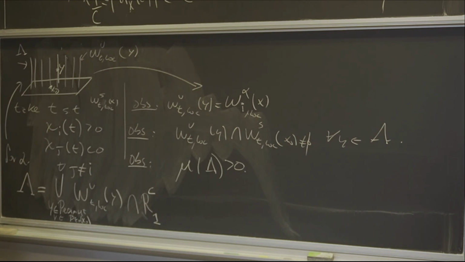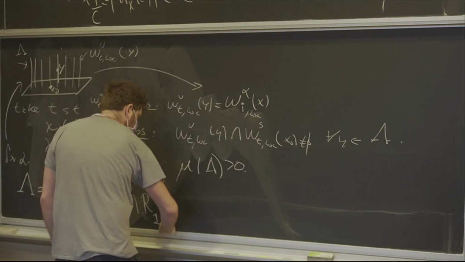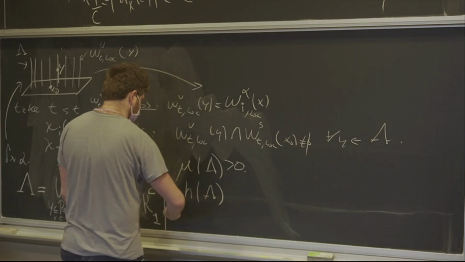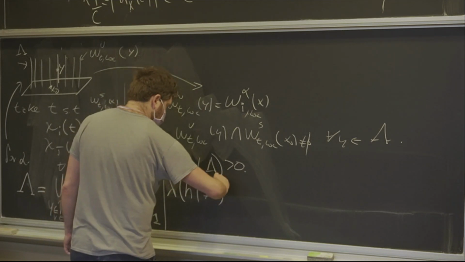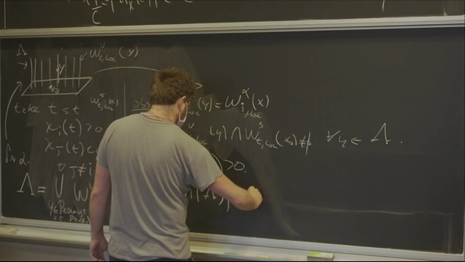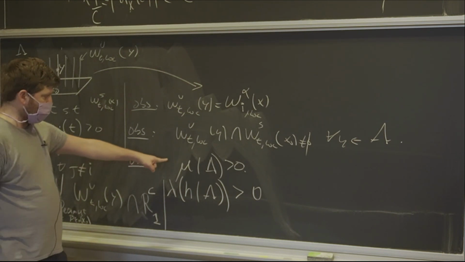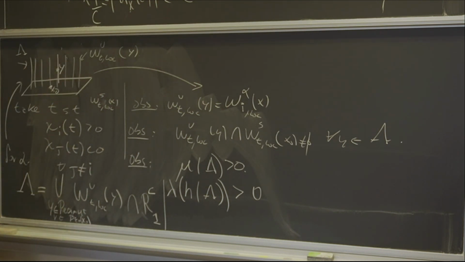Now with these three observations, what we get on the other hand, I take h of lambda, the Lebesgue measure of h of lambda has to be positive, because mu of lambda is positive, and the measures are one sent to the other.